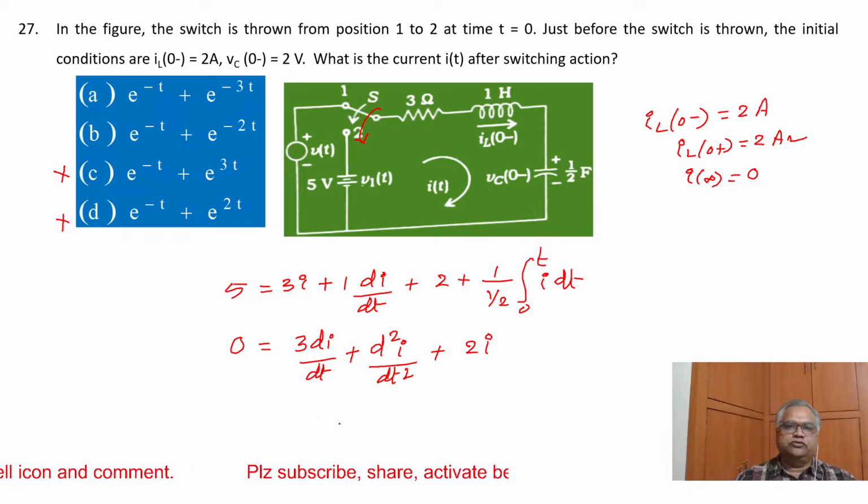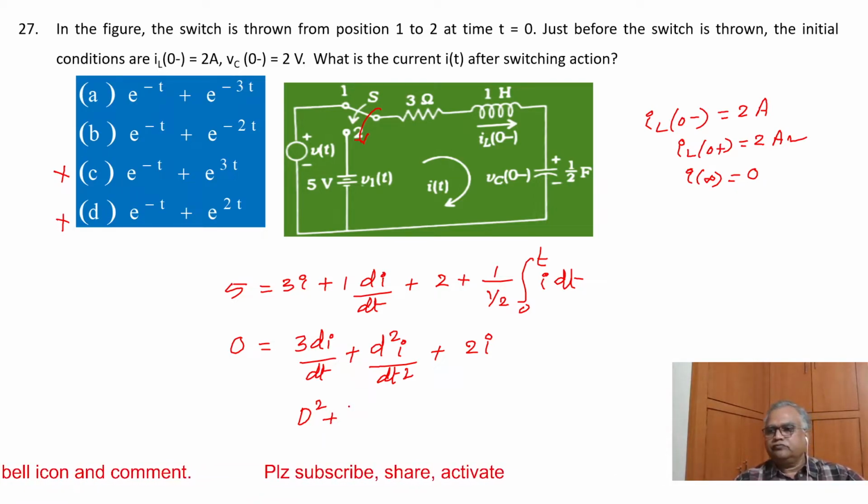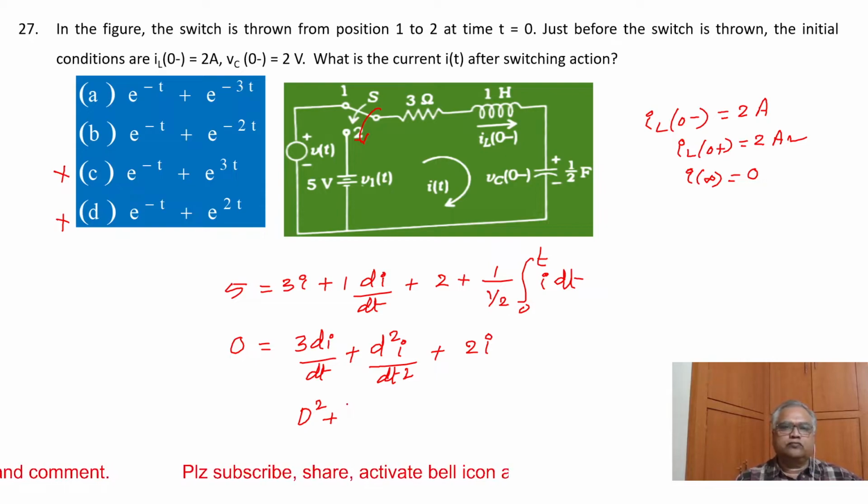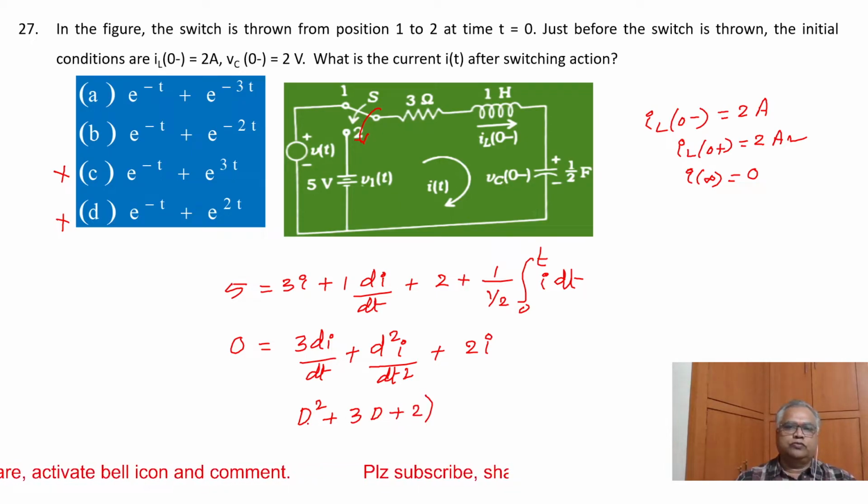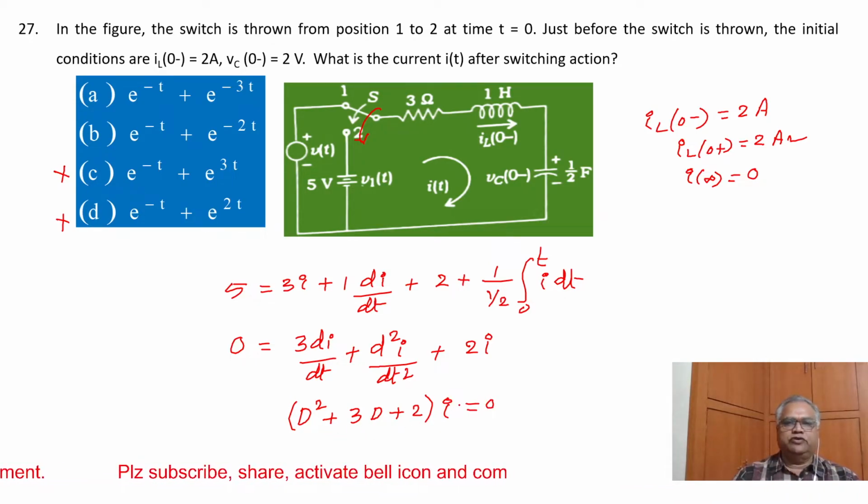If we change into D form, it will be D square plus 3D plus 2 into I equal to 0.